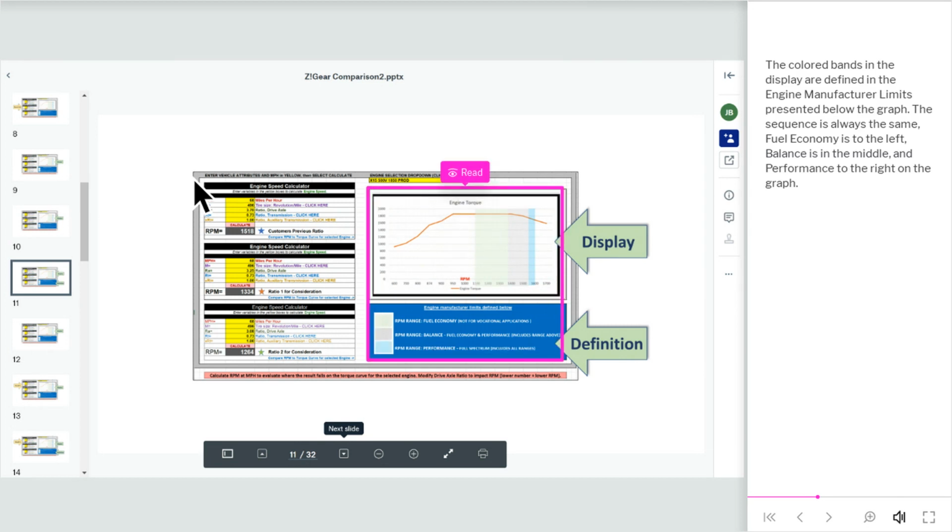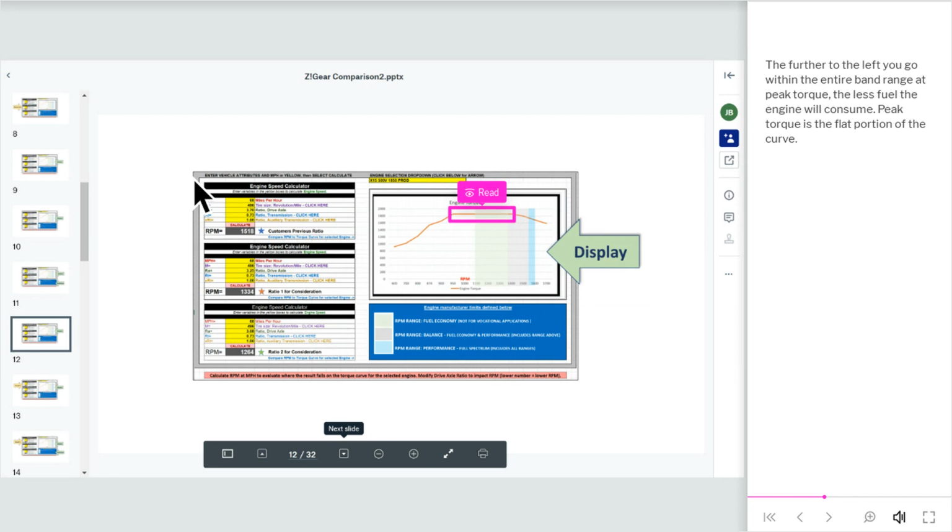The colored bands in the display are defined in the engine manufacturer limits presented below the graph. The sequence is always the same: fuel economy is to the left, balance is in the middle, and performance to the right on the graph. The further to the left you go within the entire band range at peak torque, the less fuel the engine will consume. Peak torque is the flat portion of the curve.